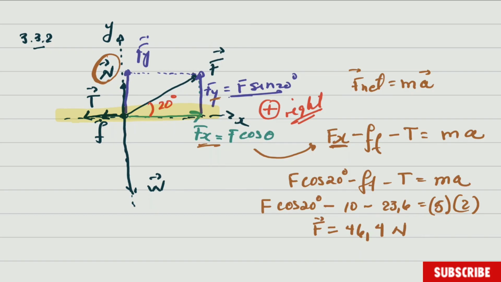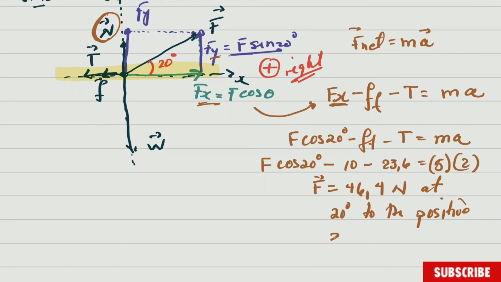And now we have to go quickly back to the question. The question said actually calculate the force. Force is a vector quantity, which means it has direction. So the correct way of writing this will be 46,4 Newton at 20 degrees to the positive x-axis.